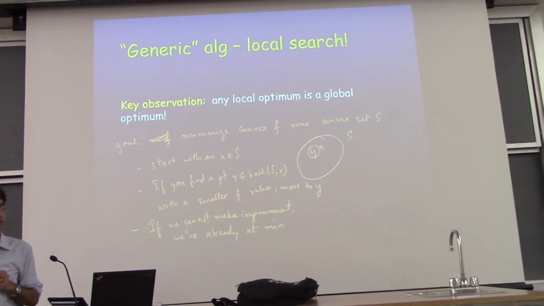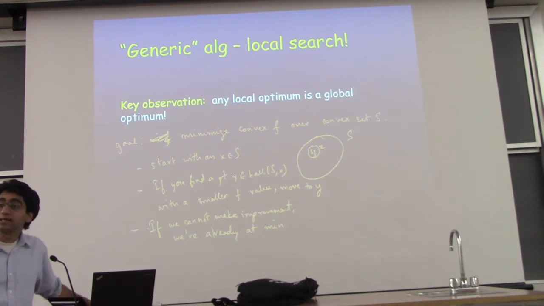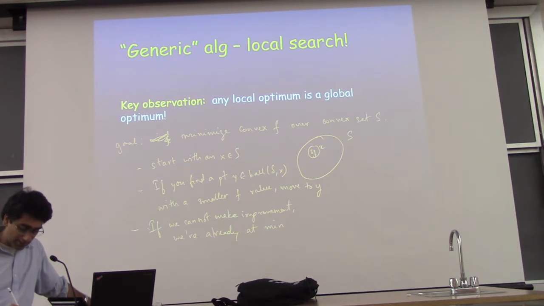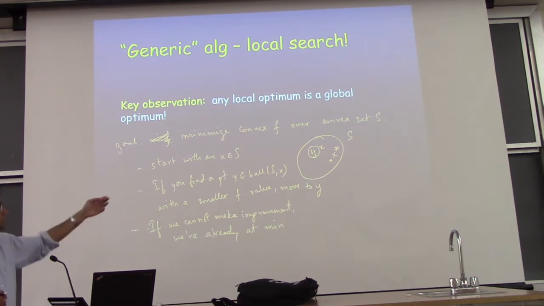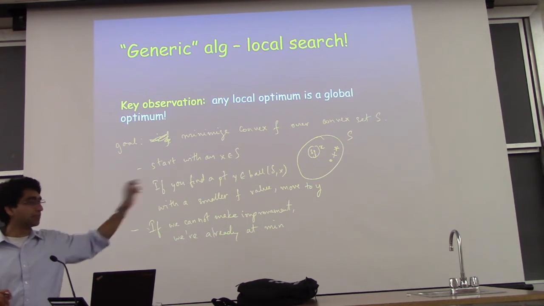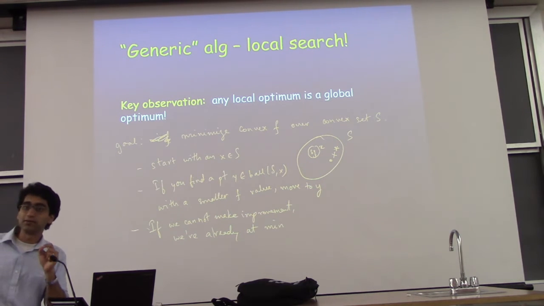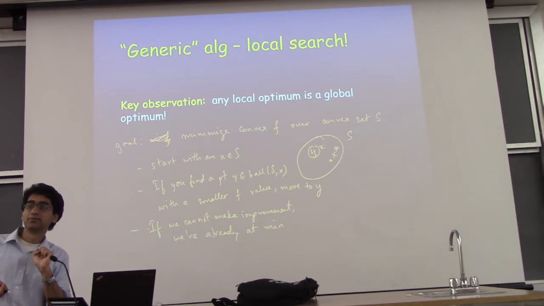So what you've got to argue is, suppose you get stuck at a point. Now, could there be a point somewhere far out, x star, let's say, which actually has an f value that's much smaller than f of x? You prove that if that is the case, then the function is not convex.